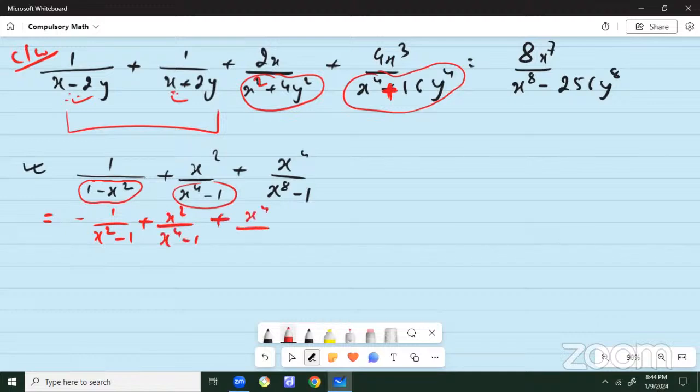So now try. If you get the answer, tell me what you got so that we can tally with the book here.